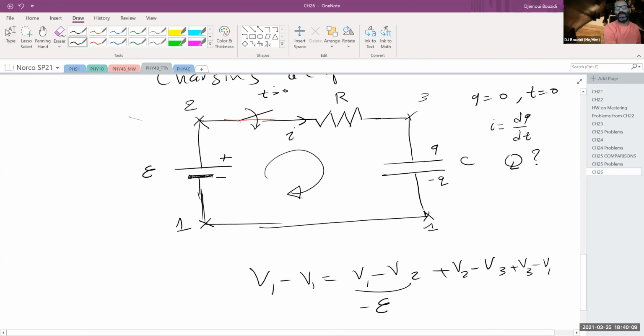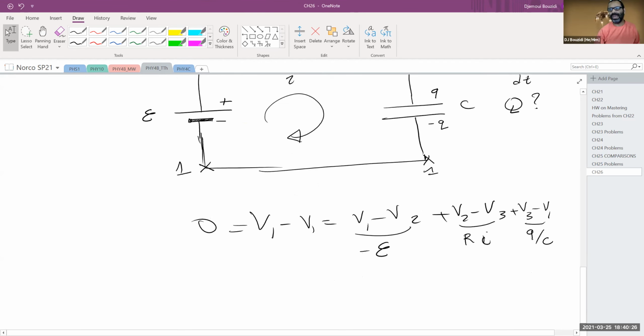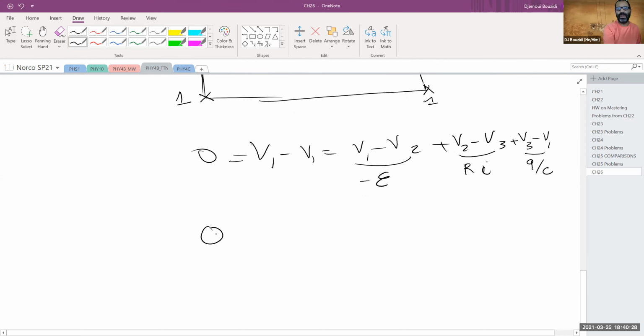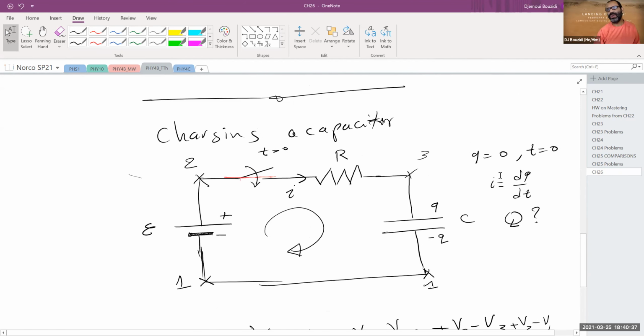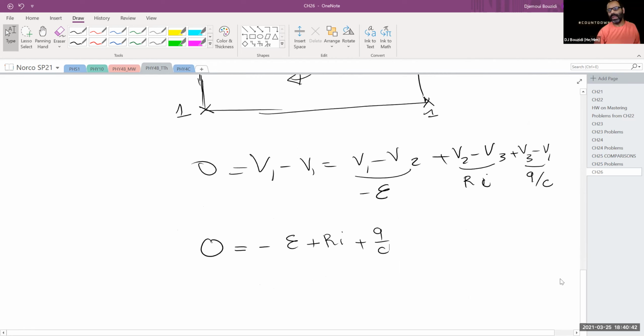V2 minus V3, which is this drop in potential, that is my Ri. And this is V3 minus V1, which is Q over C. So we're in business, and this is 0, by the way. That's Kirchhoff's rule. So what we're saying in here is that 0 must be equal to minus epsilon plus Ri plus Q over C. And we have a relationship between Q and I. I is actually the derivative of Q with respect to time.